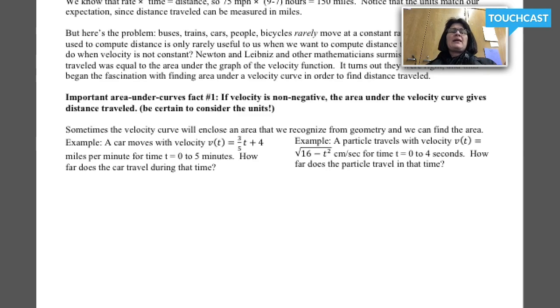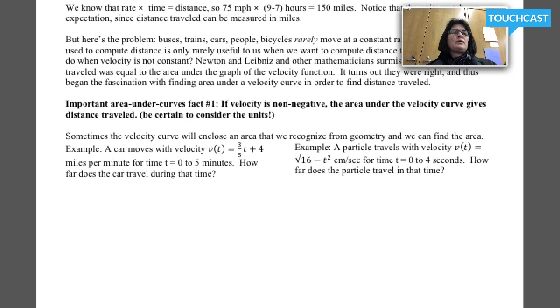Just notice here, you're probably used to seeing something more like this. If I told you x squared plus y squared equals 16, I hope you would recognize that is a circle whose center is 0, 0 and whose radius is 4. Notice if I tried to isolate y, this is not a function.